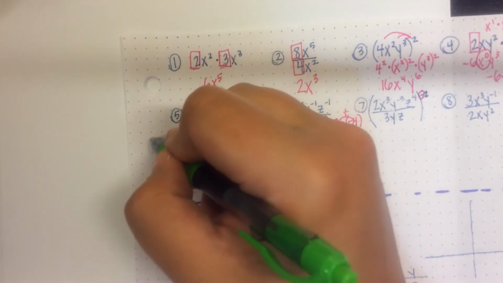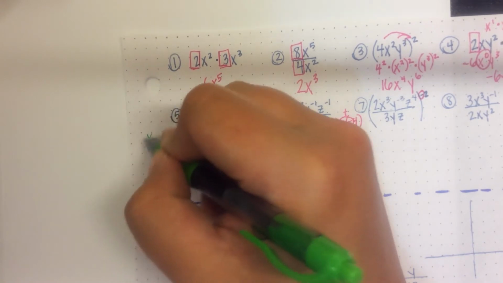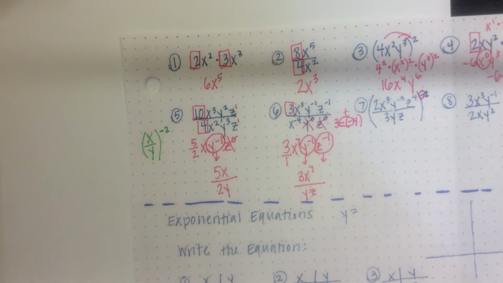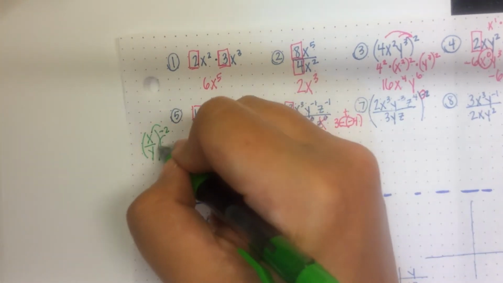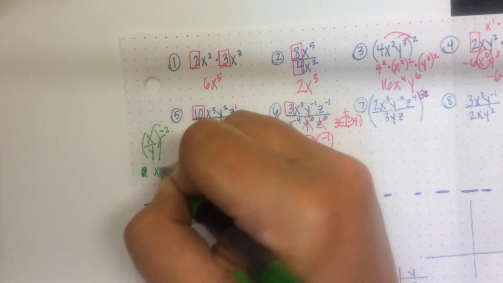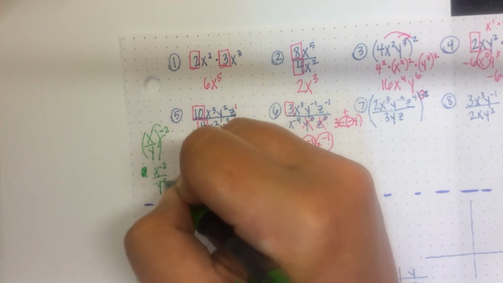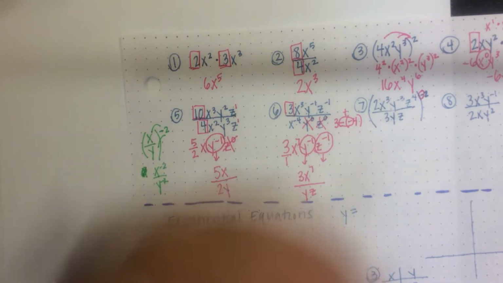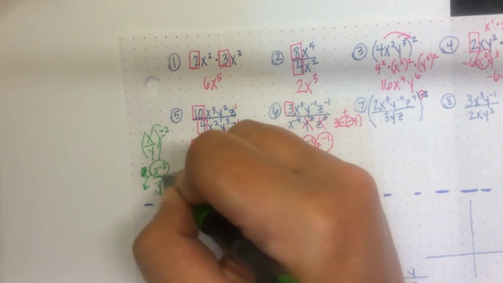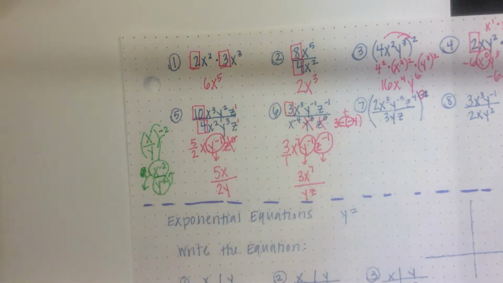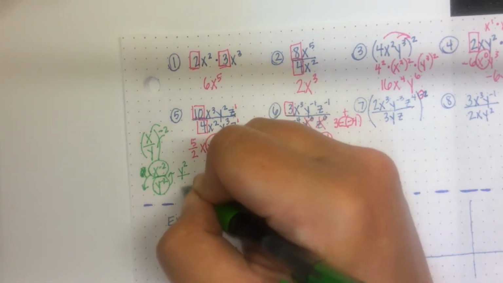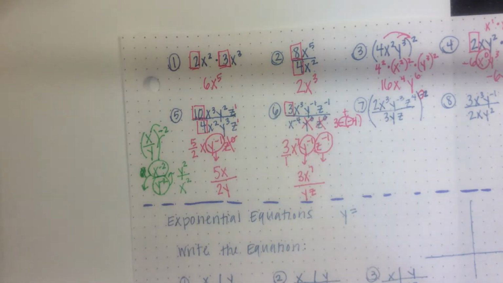If I gave you x over y to the -2nd power, and I distributed that in there, that would become x to the -2 over y to the -2, but I can't leave the exponent. So if I have a negative, it's got to switch. The x would have to come down, the y would have to go up, and I would be left with y to the +2 over x to the +2.